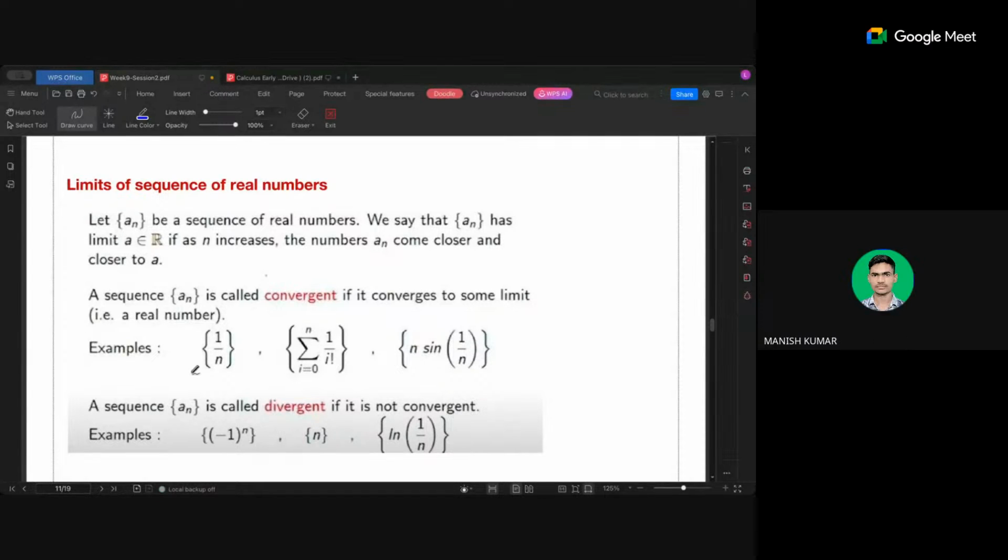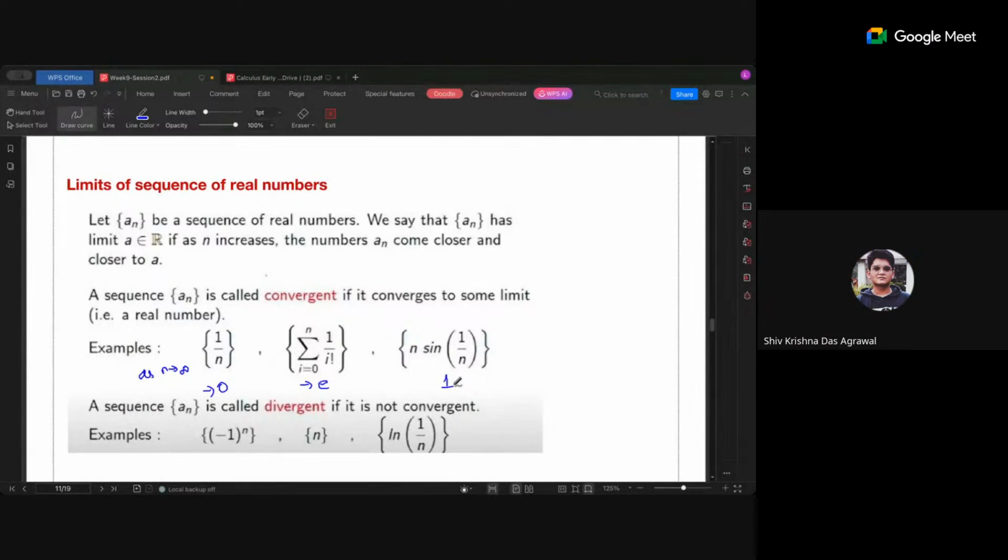As n goes to infinity, this goes to 0. Is this familiar to you? It is just e, right? So this goes to 0, this goes to e. What about this one? 1. This is 1, right?